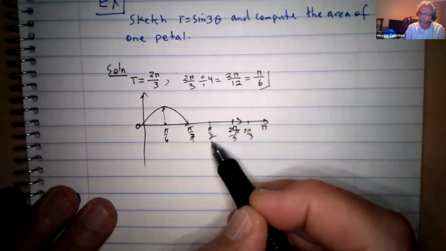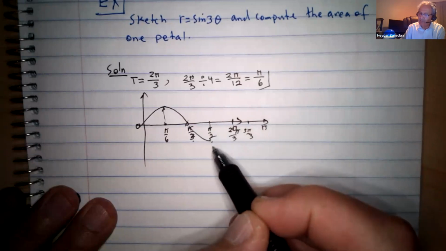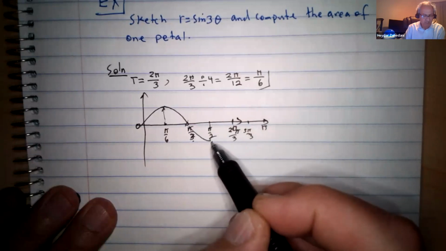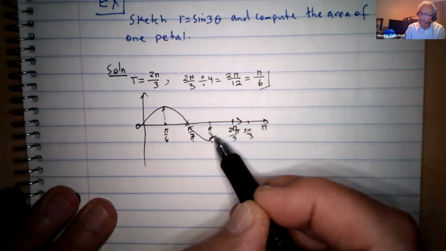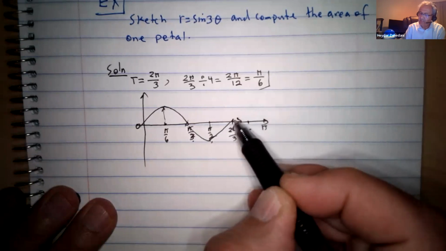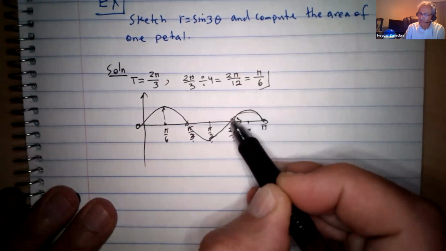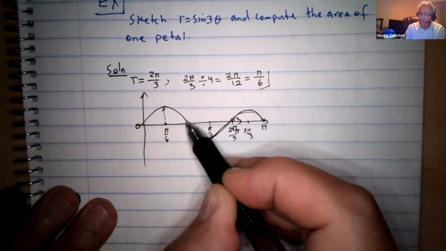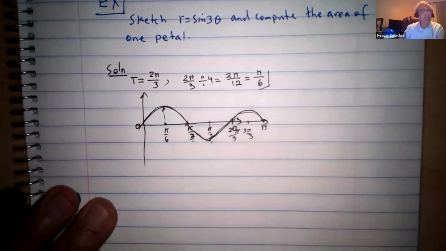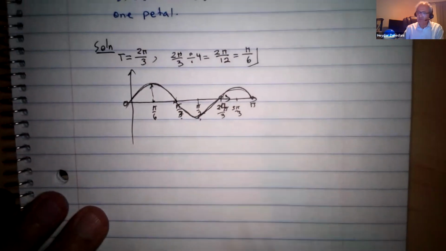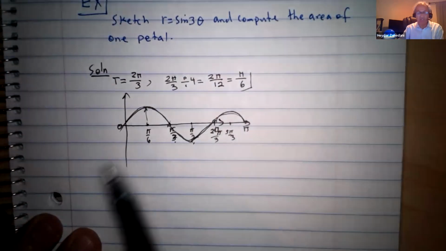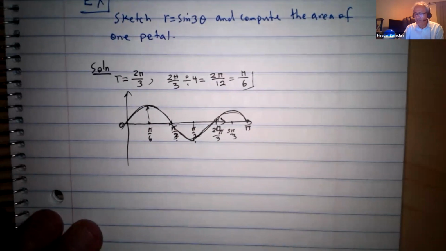Then this is going to be down, and this is going to be up, and then eventually we get this part. You see, this is going to be like 1, 2, 3 petals. To get this, you have to know this range, how we're going to make those petals, if you like.